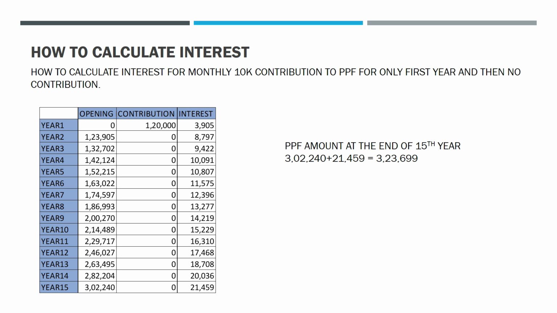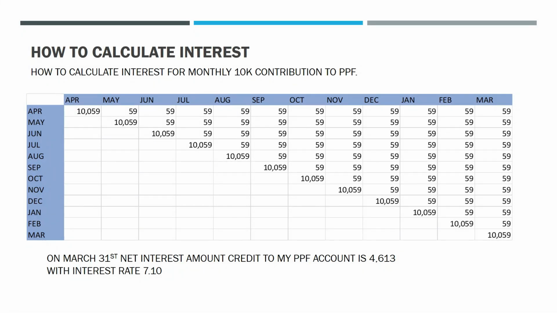Now, there is a smart way behind it. If I know how PPF interest works, then the numbers will show you the magic. Assume the same person pays the contribution before the 5th of every month. This is the magic you can see in front of your eyes. How will PPF interest be calculated?